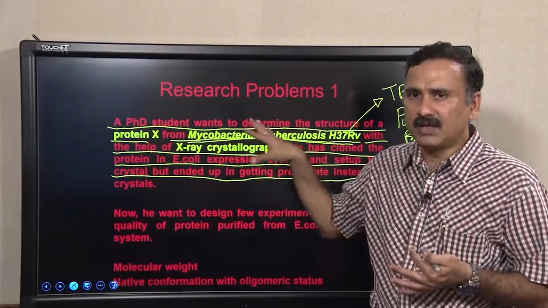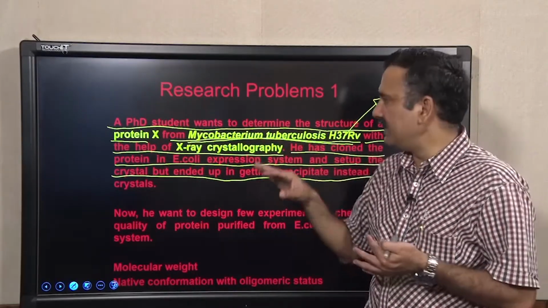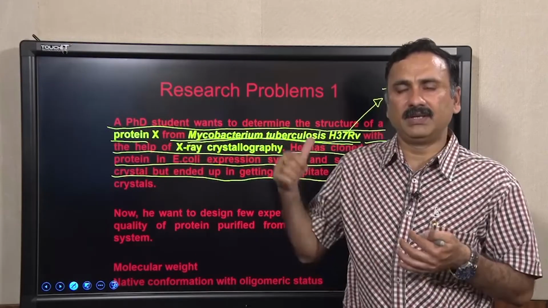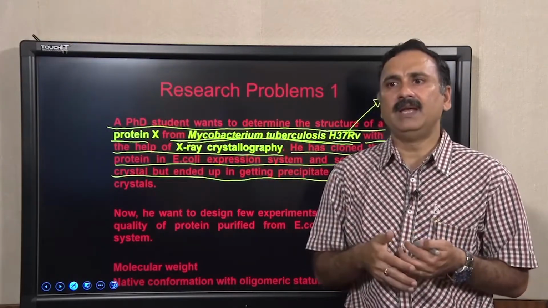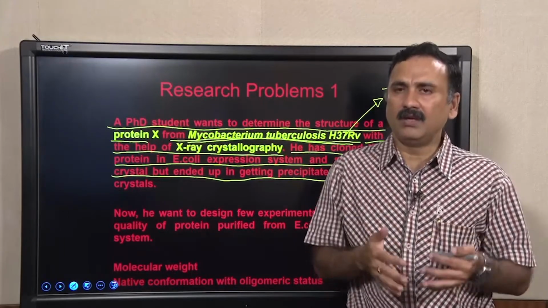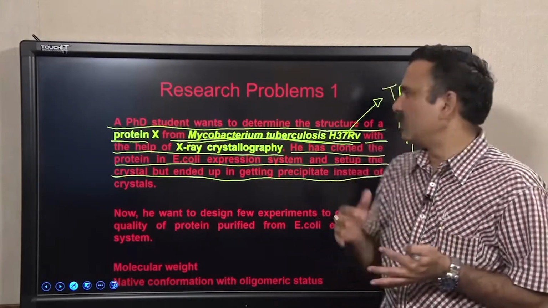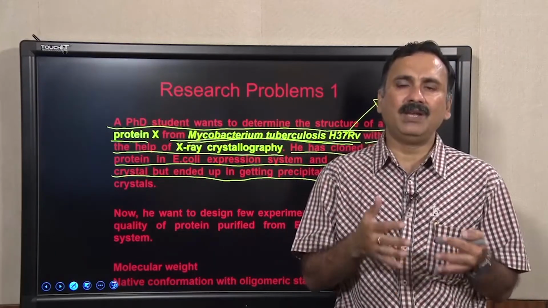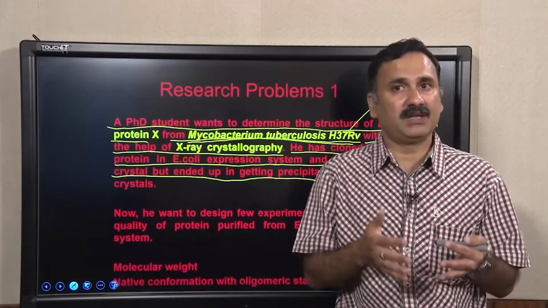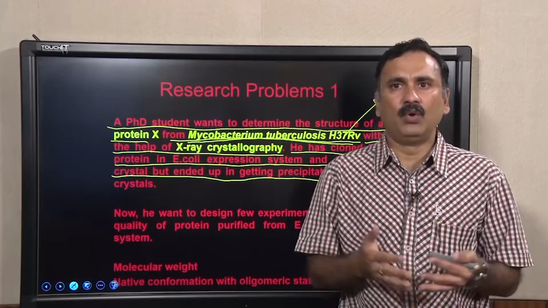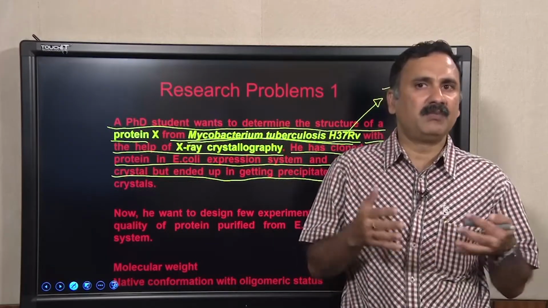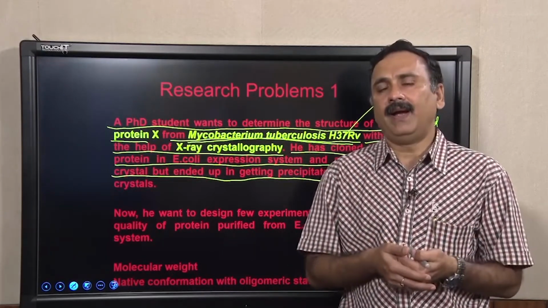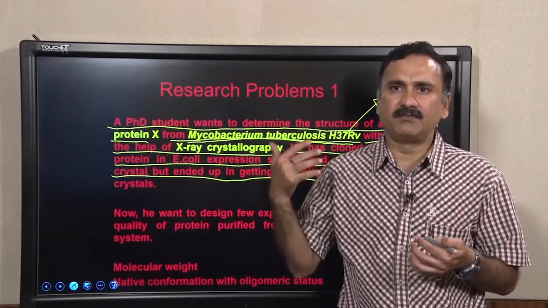But this student, who is interested in solving the structure of protein X using X-ray crystallography, has cloned the protein. One of the easiest ways of getting a purified protein is to clone it in an overexpression system such as E. coli, baculovirus, or a mammalian expression system, depending on the yield and the protein of choice.